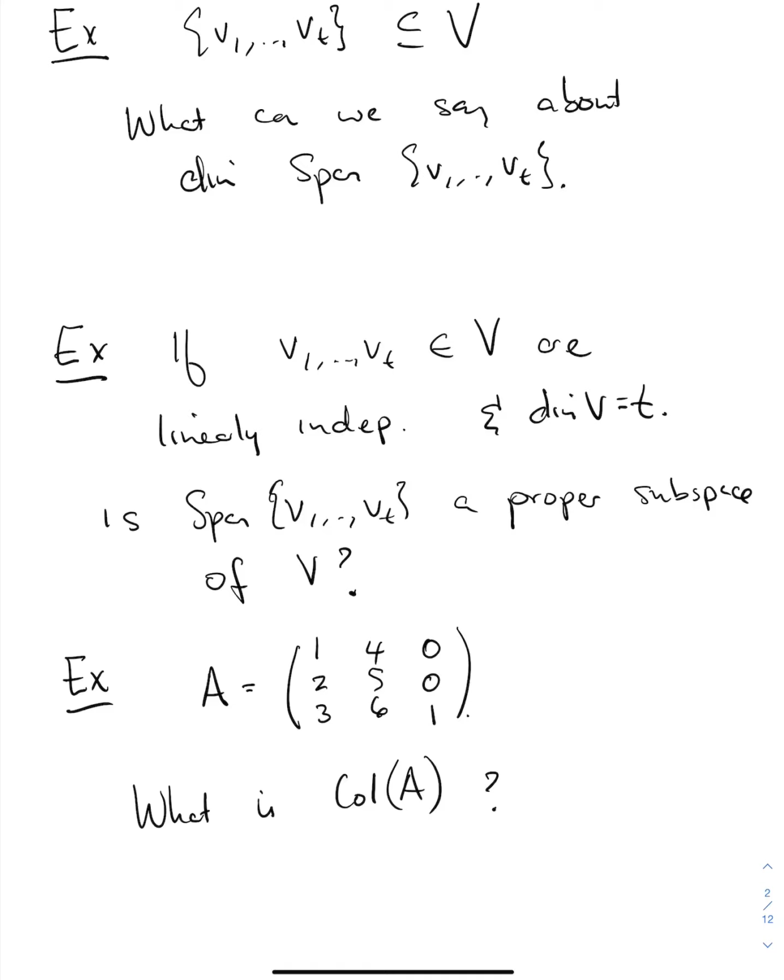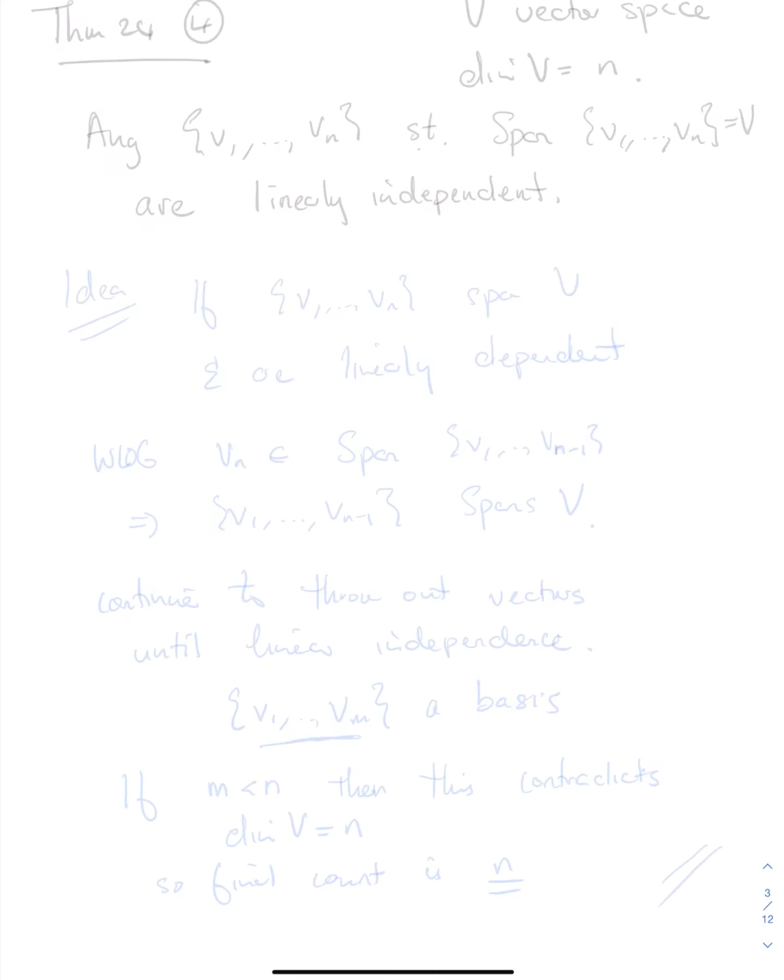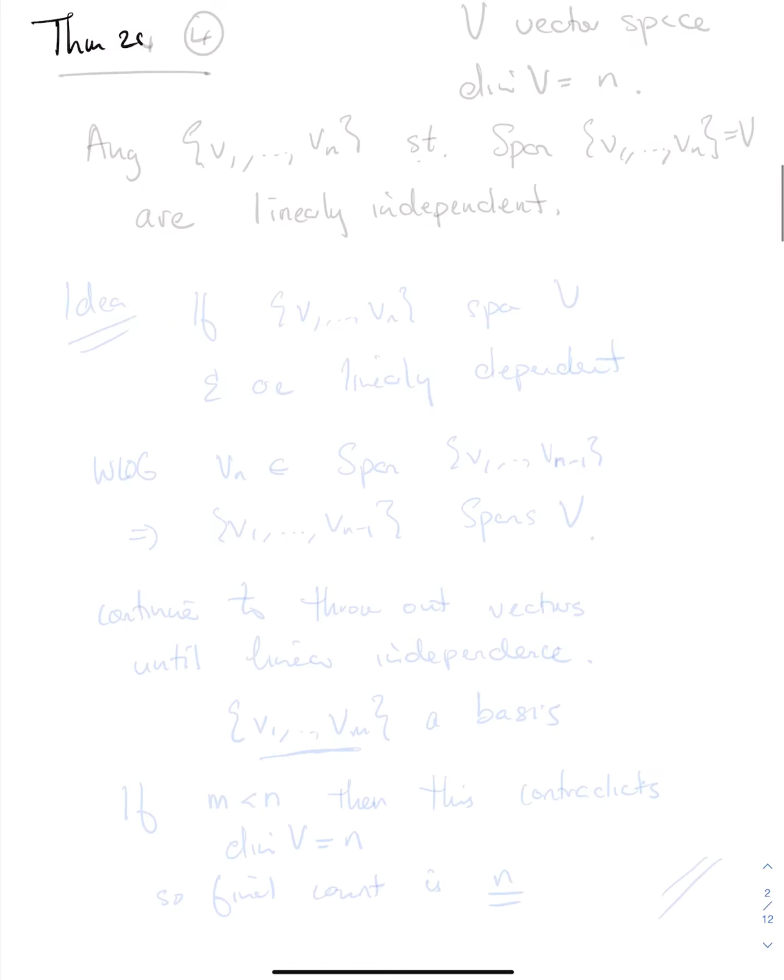All right, let's continue going through the rest of Theorem 24. Theorem 24, number 4. And just to remind you of the setup, V is our vector space. The dimension of V is n.